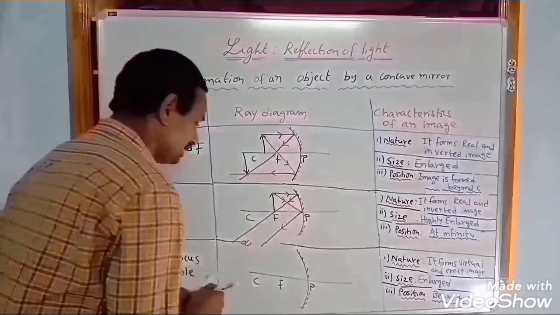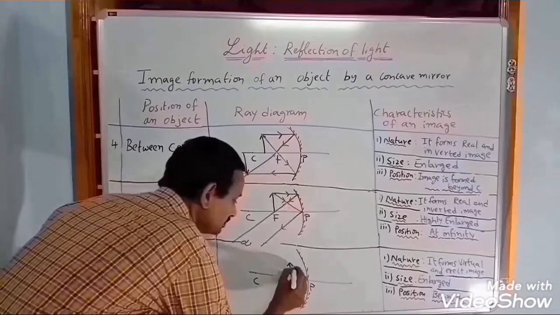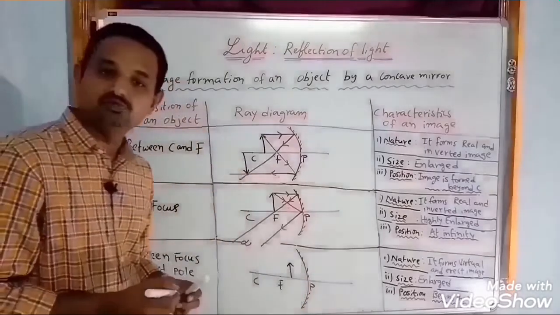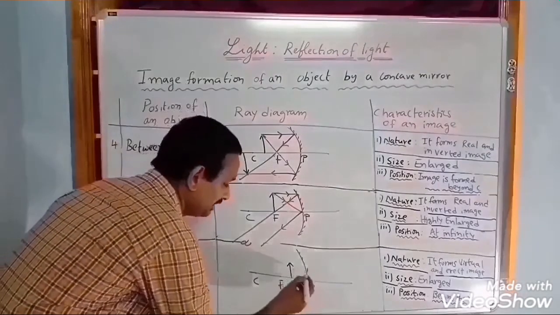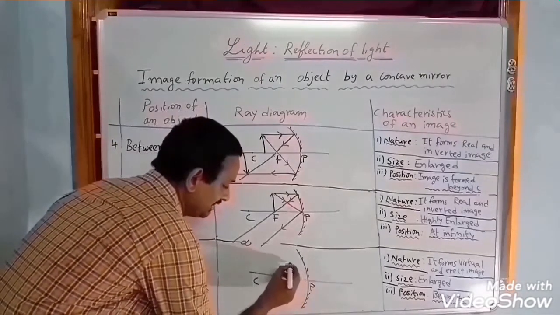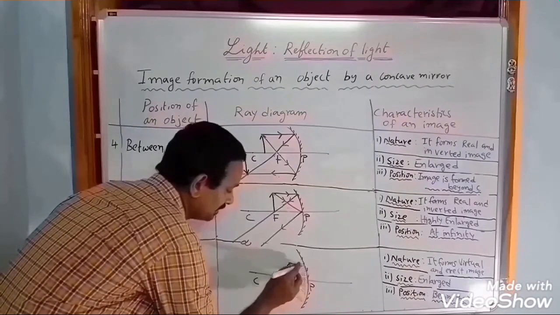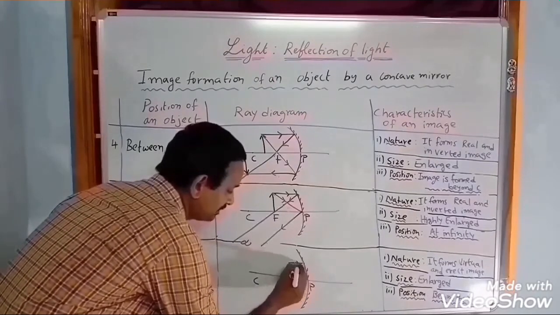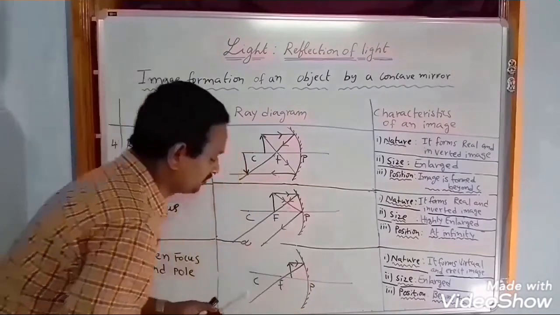Look here. Now the object is between focus and pole. Where is the image formed? For the first ray, I am applying the first rule, that is, a light ray passing parallel to the principal axis of a spherical mirror, after reflection, will pass through the principal focus.